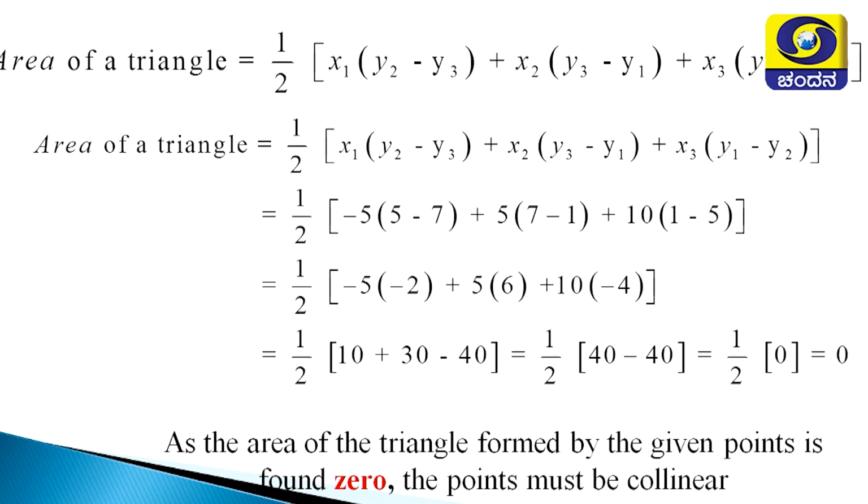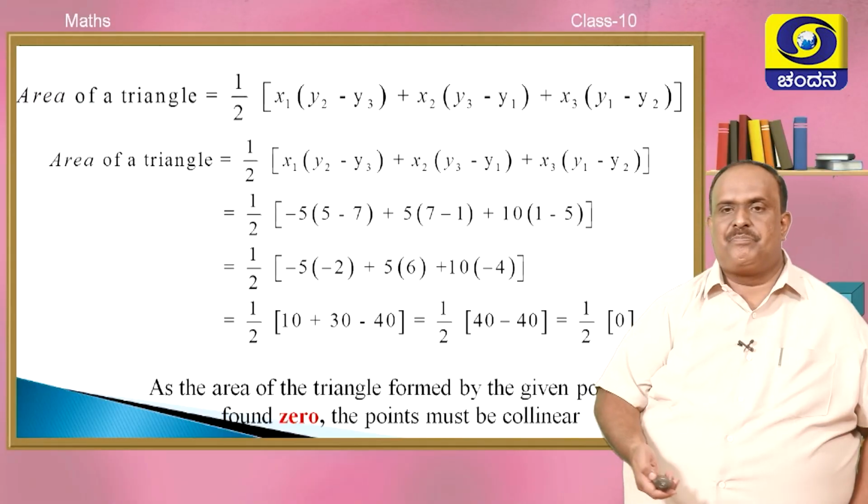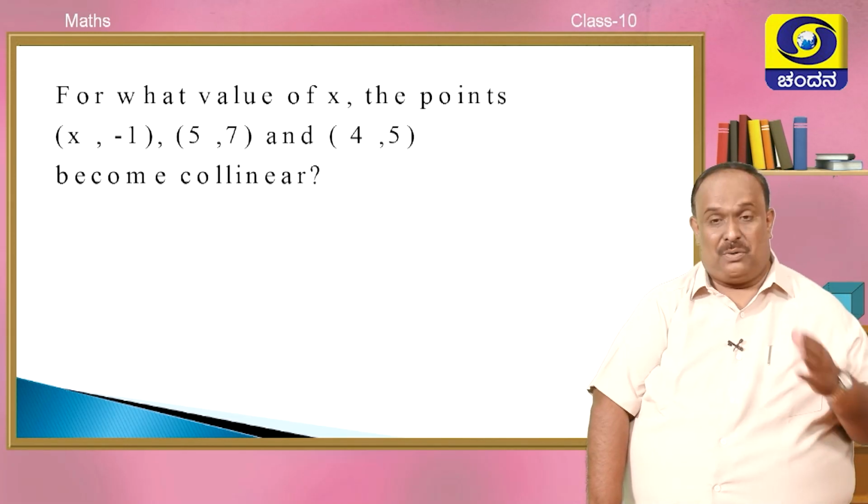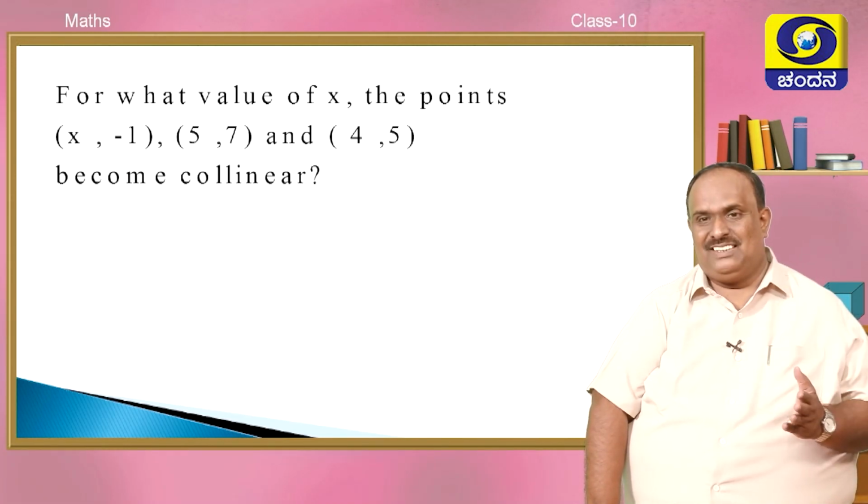The area of the triangle is found 0. Therefore, the points must be invariably collinear. They must lie on the same straight line. Okay. Clear? Next question. See here how the questions are framed.